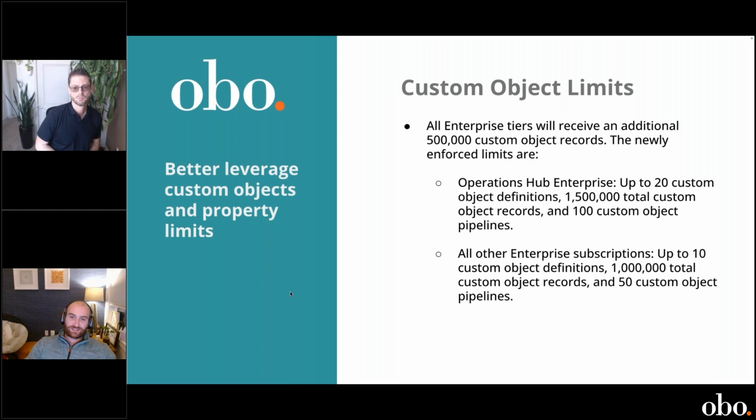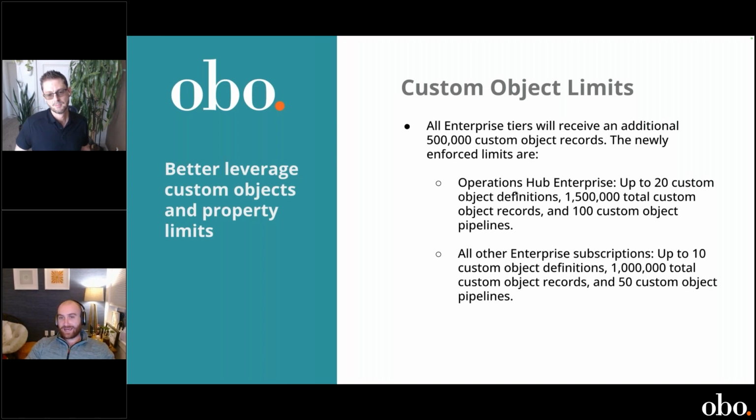We've now seen an increase of still 10 custom object definitions, but by default, we now have 1 million custom object records available and 50 pipelines on each custom object. So you basically double your storage capability on custom objects with no change to current plan. You just have that now going forward.